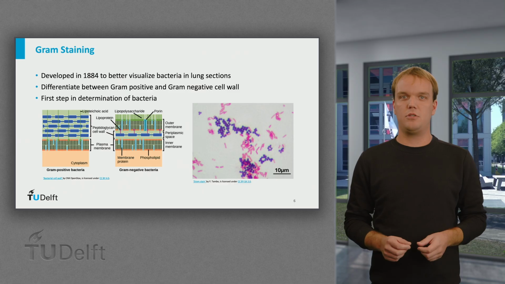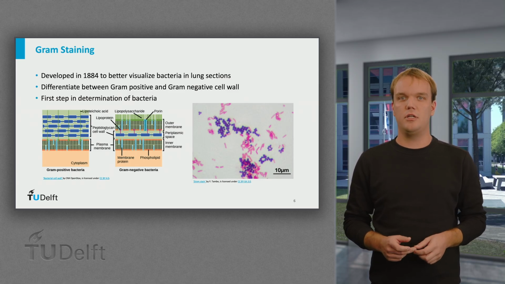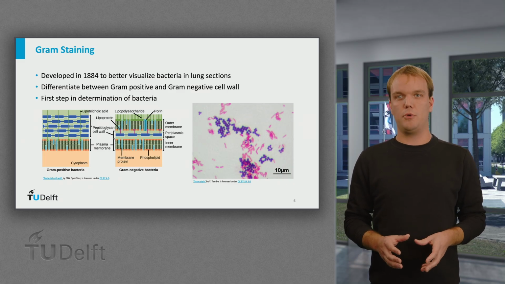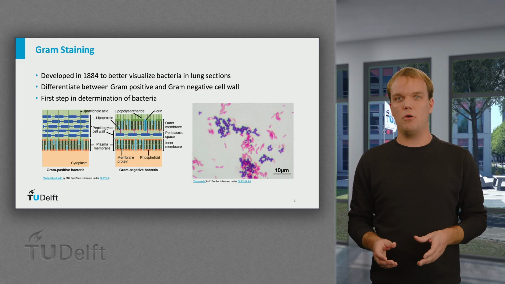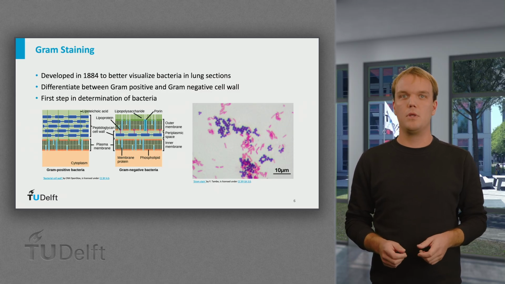They do not retain the crystal violet and appear pink after counterstaining. The stain is still a standard first step when classifying bacteria, diagnosing infections and characterizing isolates from environmental samples. For mixed microbial communities, the Gram stain gives only coarse information, but is still a foundational method.